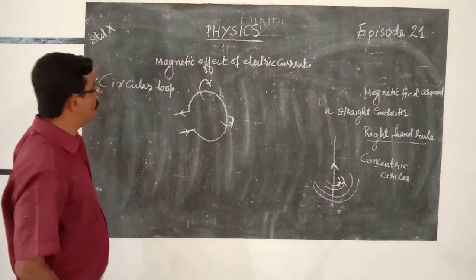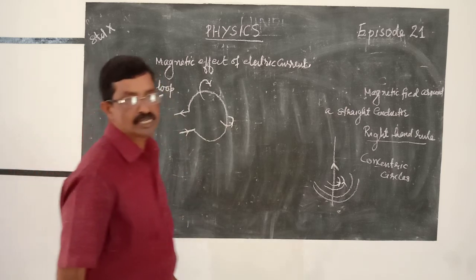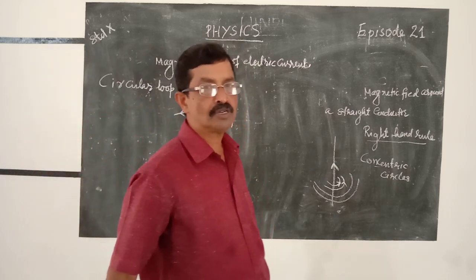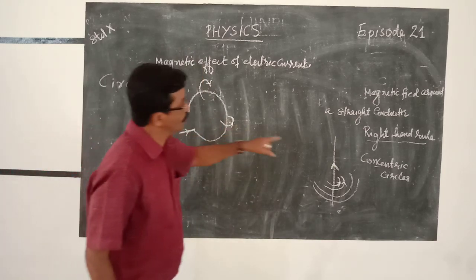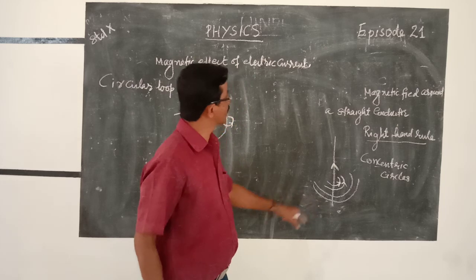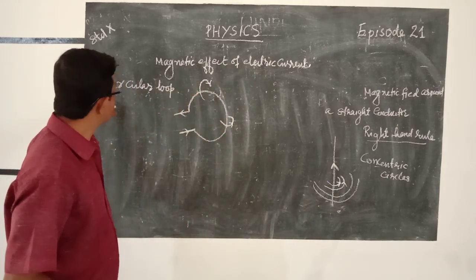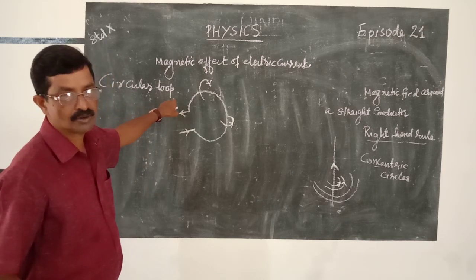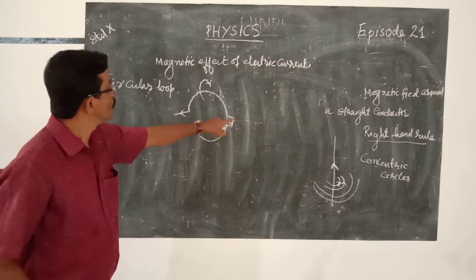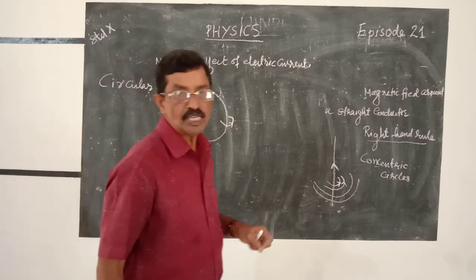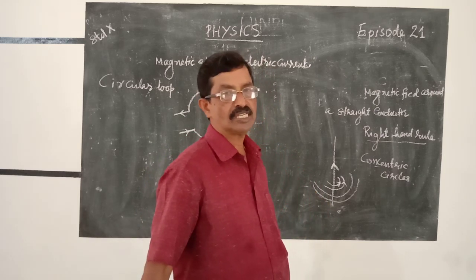Here we want to discuss the magnetic field produced when current flows through a circular loop. We can take this straight conductor, and when we bend it in this way, we get a circular loop. We know the magnetic field is inversely proportional to the distance.